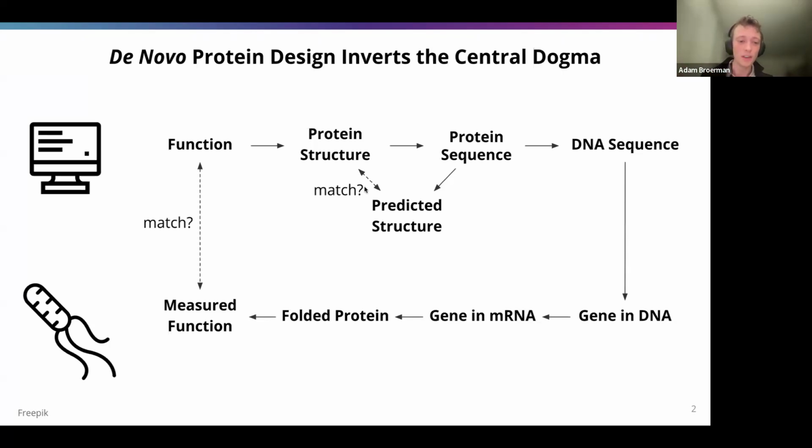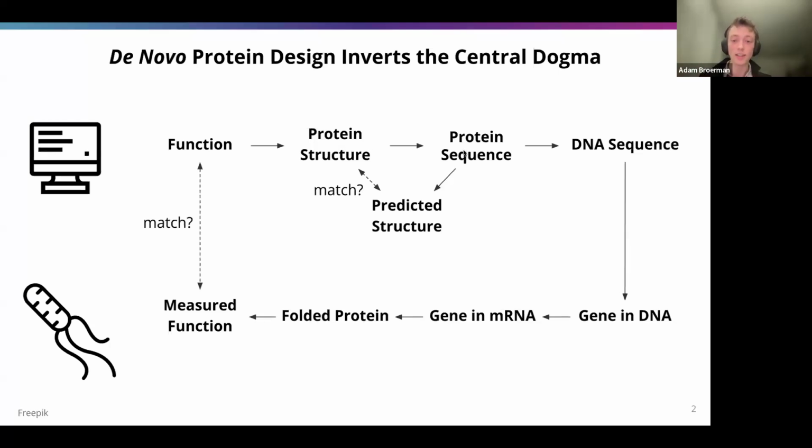So rather than starting from DNA, instead we start from some desired function that we want. Then we can generate structures which should perform that function, given the structure-function correspondence in proteins.